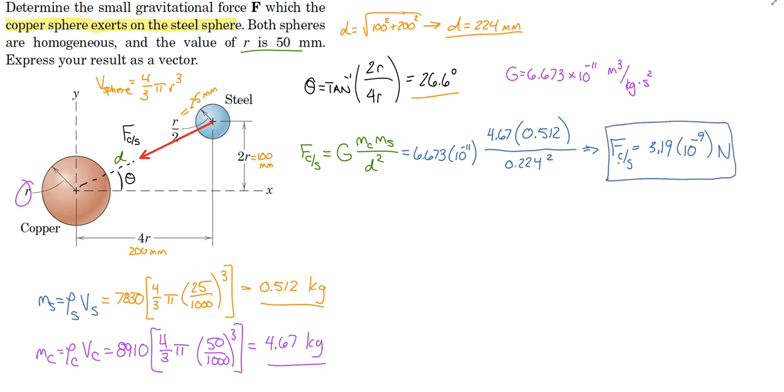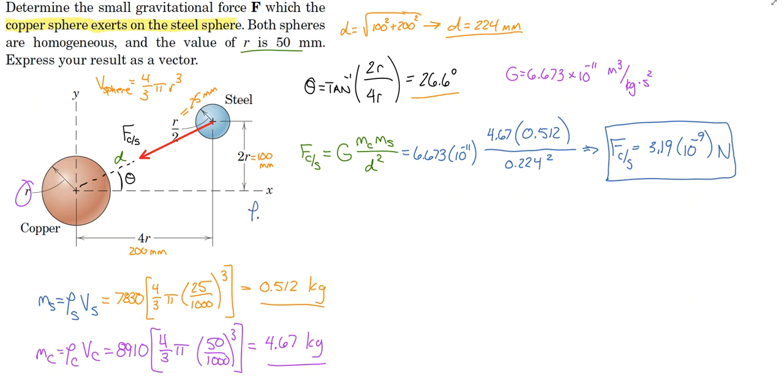Now, it's important to remember everything needs to be in similar units. G has meters as its fundamental length unit. So when we went through this equation where we had this length, we had to make sure we used meters and not millimeters. The same thing was true in our mass calculations. The densities were given as kilograms per meter cubed.